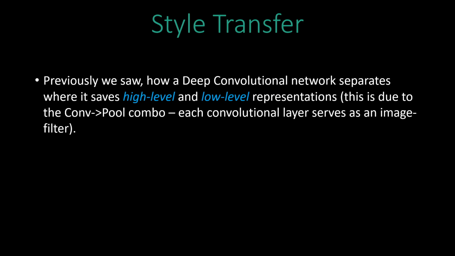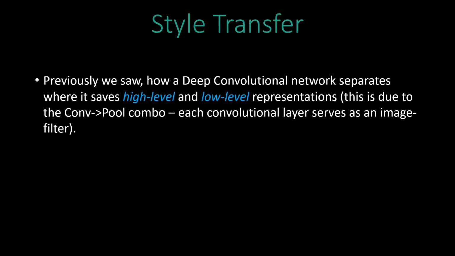So let's continue to the second technique that we will talk about today, and that is the style transfer method. So even in our initial classes about convolutional networks, we saw how deep convolutional networks separate high-level and low-level information inside the network itself.